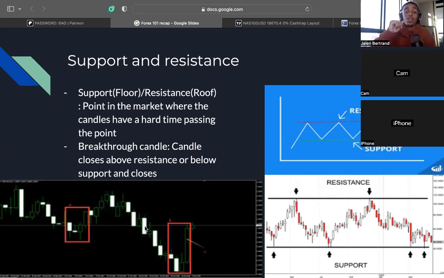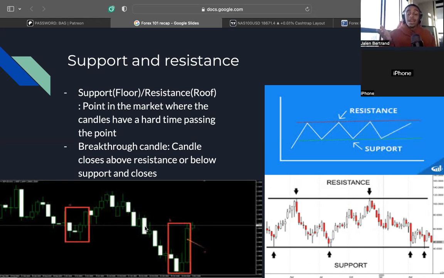So support and resistance. Imagine how I said we're in the hotel. Imagine if we were to walk up some stairs to the 2nd floor. Now, from before, what was our resistance, which was our roof, is now our support. And now the 3rd floor is our resistance. So now that we walked up the stairs, on a new level, a new plane, that becomes our support because it's keeping us up.